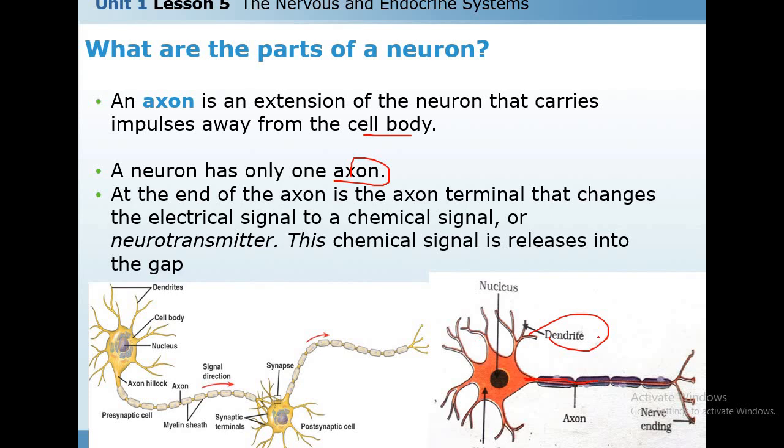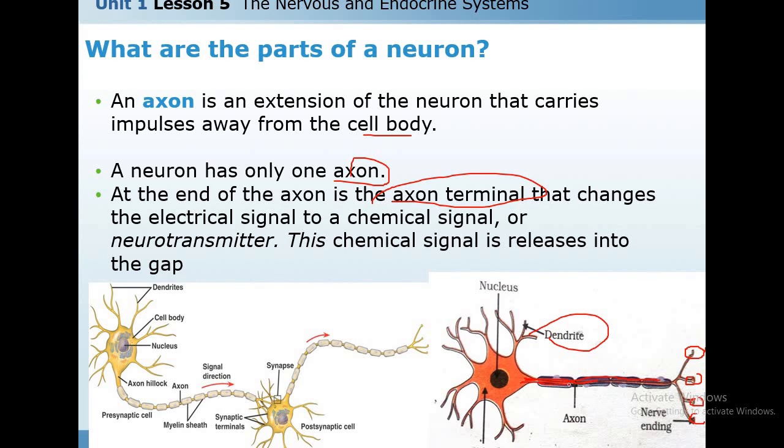At the end of the axon, there is a nerve ending called the axon terminal. I said before that the cell body translates information into an impulse.